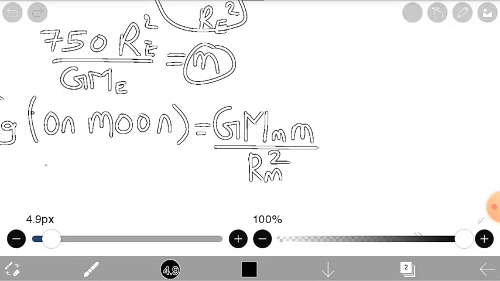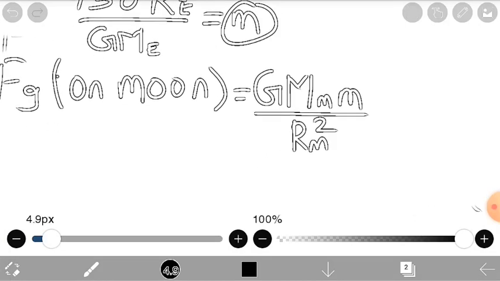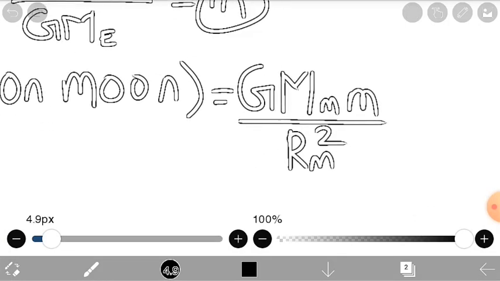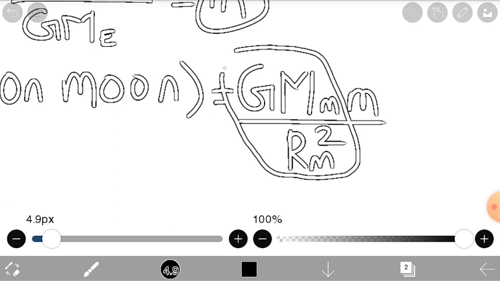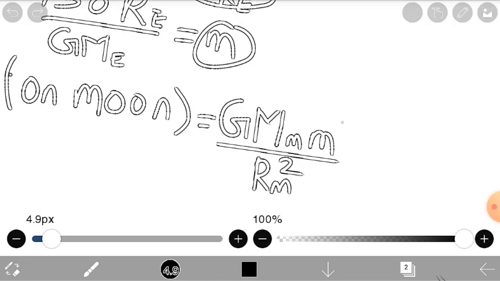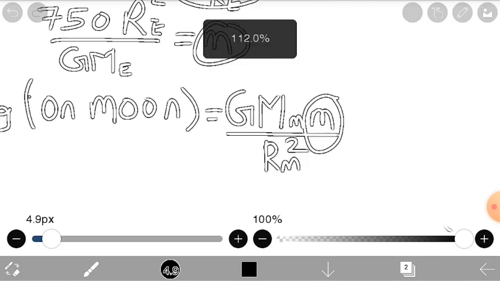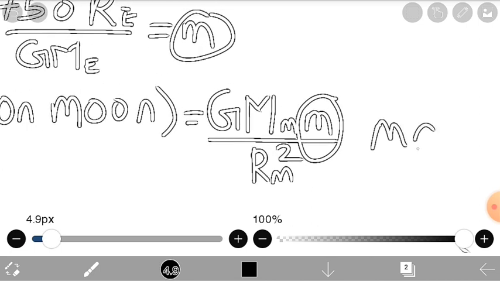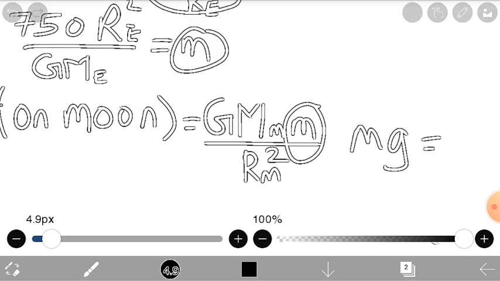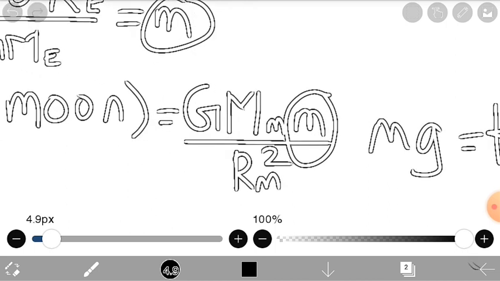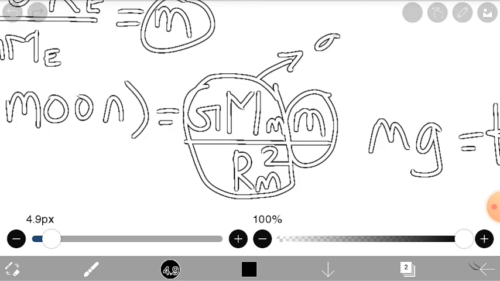So here we all know that this part of the gravitation formula is nothing but the value of g, and here m is the mass. Therefore what is mass into acceleration? Mass into acceleration is the force.